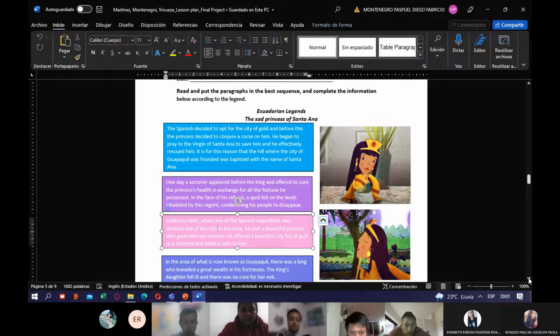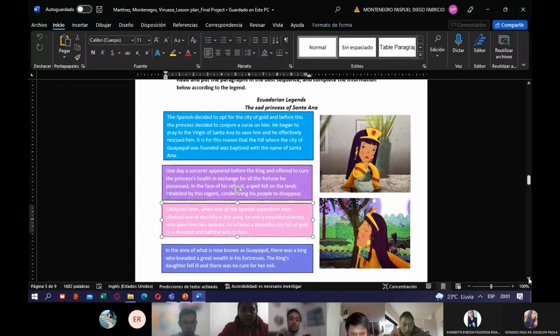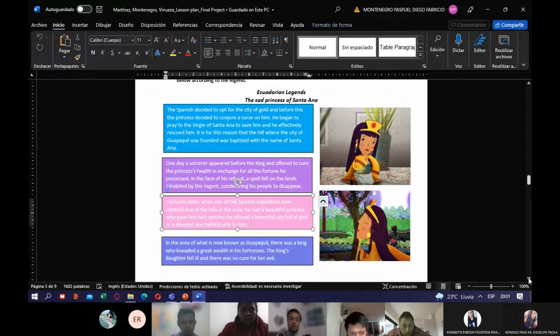He offered a beautiful city full of gold or a devout and faithful wife. And the last, in the area of what is known as Guayaquil, there was a king who needed a great wealth in his fortresses. The king's daughter fell ill, and there was no cure for her evil.